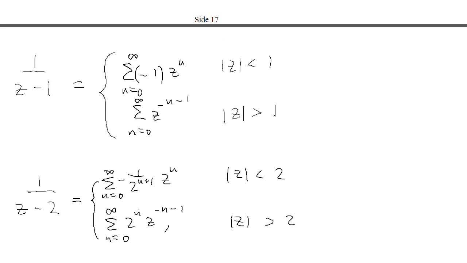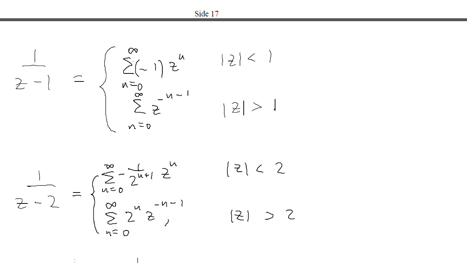Well, we have seen this before because this was in a previous example. And we also have seen that 1 over (z minus 2) is equal to this infinite sum for the case when the absolute value of z is less than 2, and this series when the absolute value is larger than 2.